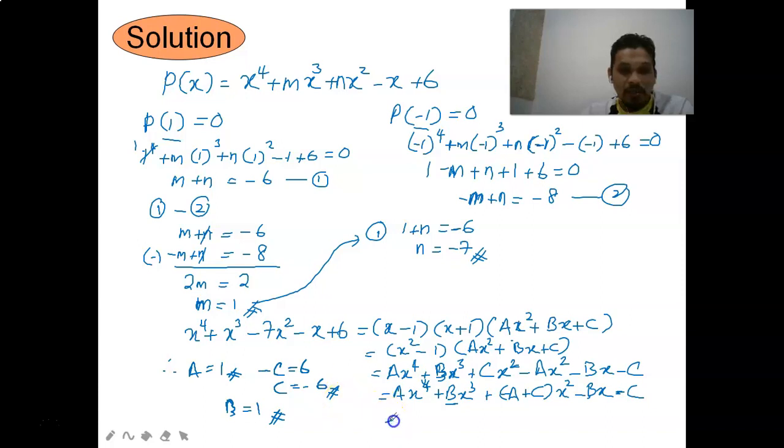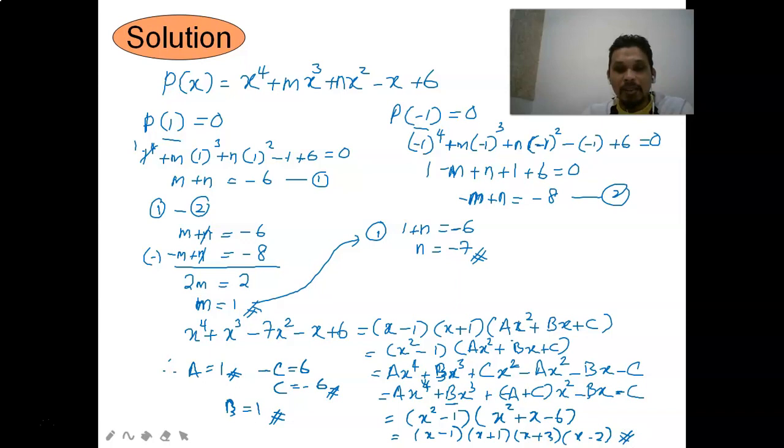Then it comes out with x squared minus 1 and ax squared plus bx plus c, where a equal to 1, b equal to 1, and c equal to negative 6, or equal to x minus 1, x plus 1, and for this one here, x plus 3 and x minus 2.